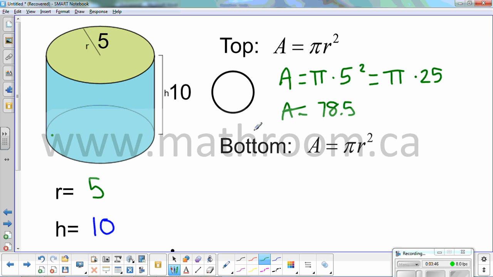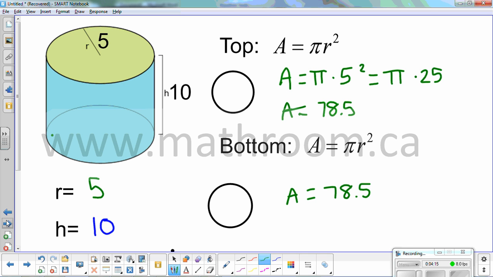Now the bottom is going to be exactly the same, because the circle on the bottom is the same size as the circle on the top. So we'll just use the same data here. We'll use green writing again. Area equals 78.5.